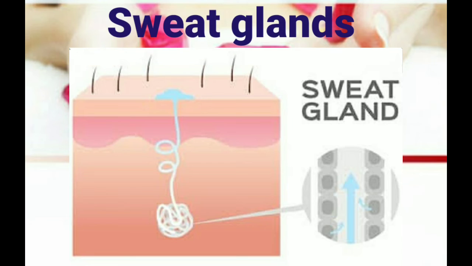Sweat glands. Now, when we walk or play in the sun, we get tired, but at the same time, our skin becomes wet. This is because of sweat. In the skin, there are glands which secrete sweat. They are called sweat glands.